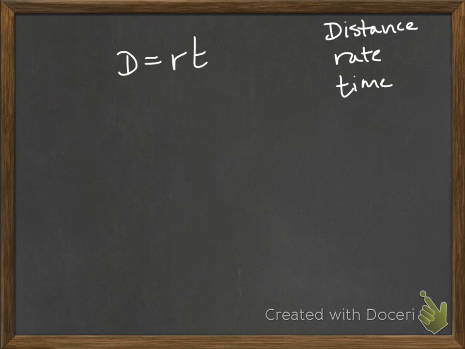If I want to solve for t instead, I can treat my letters just like I would numbers. So if I want to get the t by itself, right now the r is multiplied, so to undo multiplication, I divide. Gotta do it on both sides. So this simplifies to 1, and I end up with t equals distance divided by rate. So if it's an equation that only has variables, you treat it just like you would a number. Yay, hooray, solving equations.